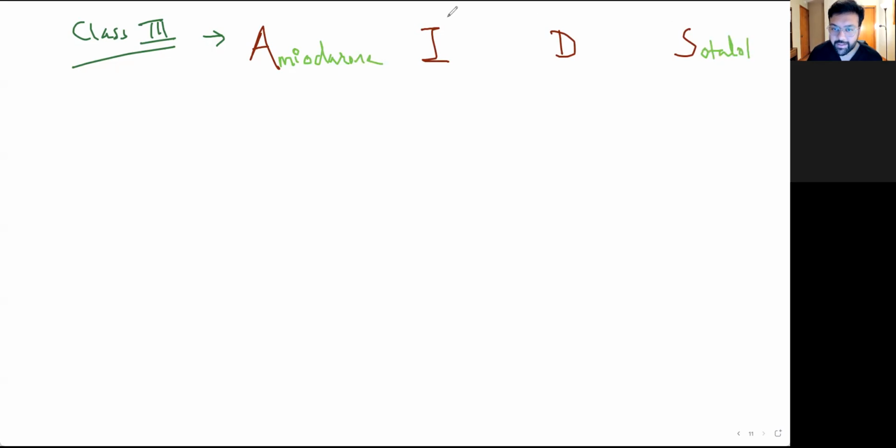Then these are the difficult ones. Ibutilide. And I'll have to look at this spelling. Dofetilide. Oh, that's easy. Ibutilide and dofetilide are the class 3. Okay. Everybody knows amiodarone and sotalol. Now they'll ask you about ibutilide and dofetilide.